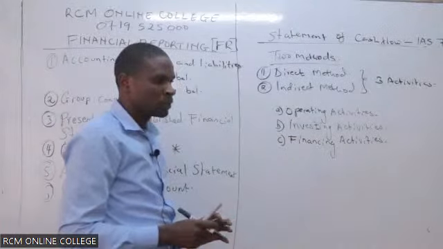So those three activities will be presented here, where we have these two methods. For method number one, the direct method, we look at what has been received and what we have paid.